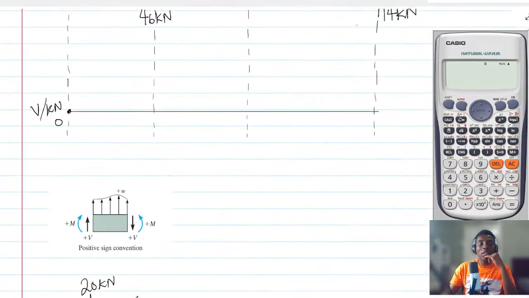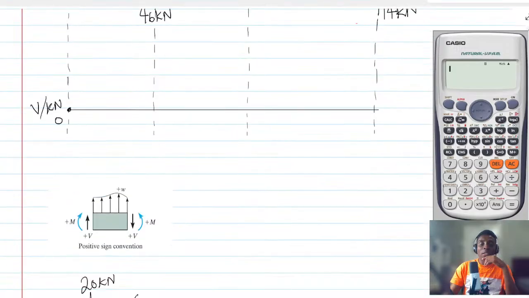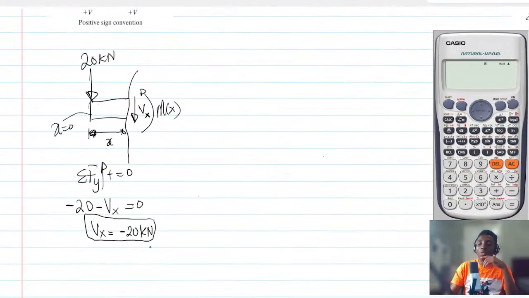So it means that when you move along the beam from A to B, from x equals 0 till you get to this portion, the shear force function was a constant of minus 20.